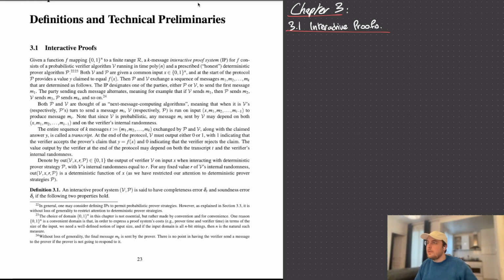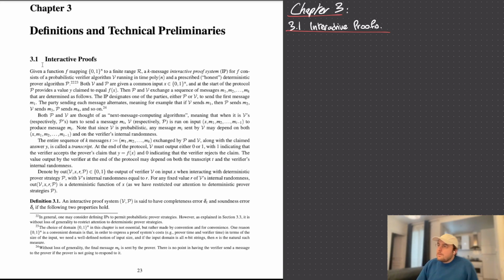You're going too quickly, my dear paper. There is a function f that maps the input {0,1} to the power of n to a finite range R. Giving this a k-message interactive proof system IP for f.